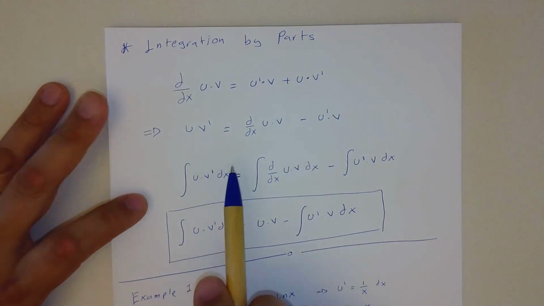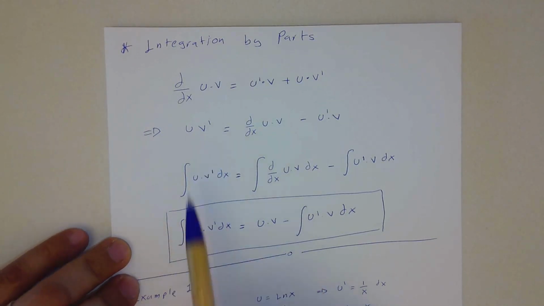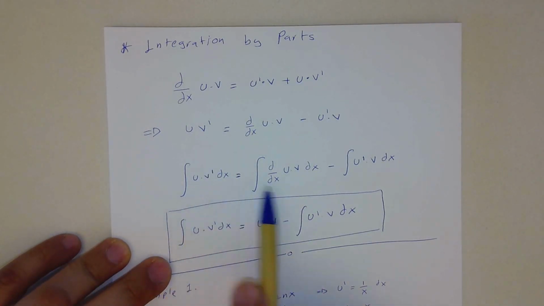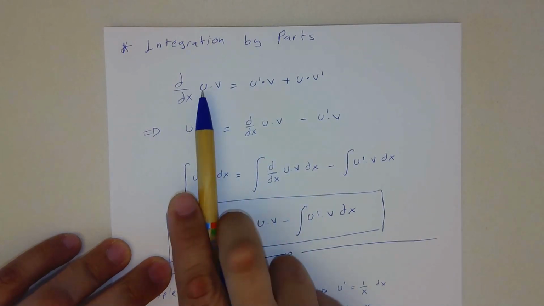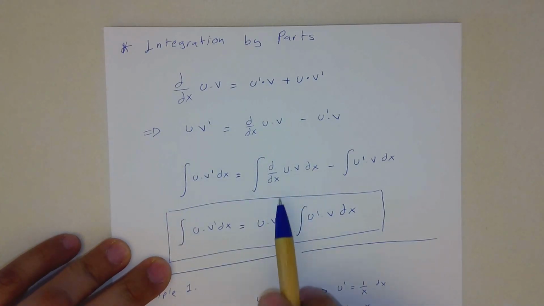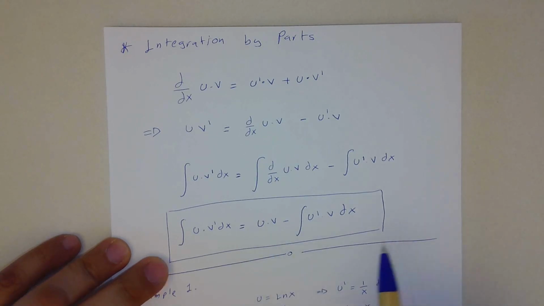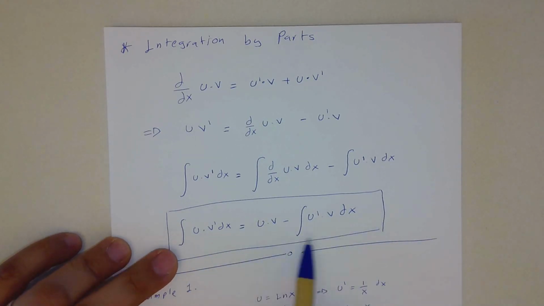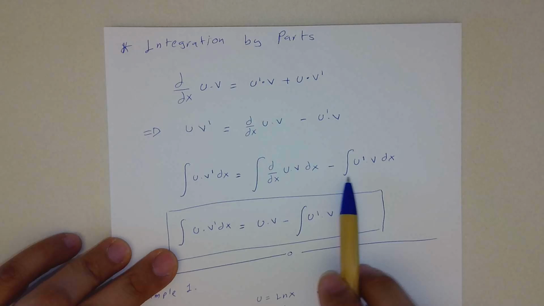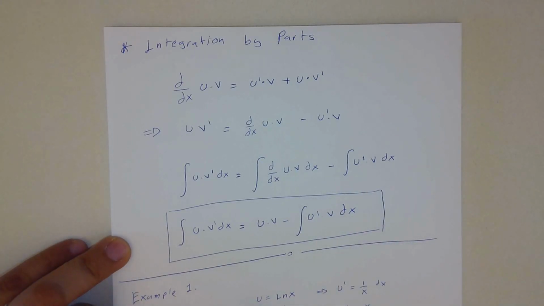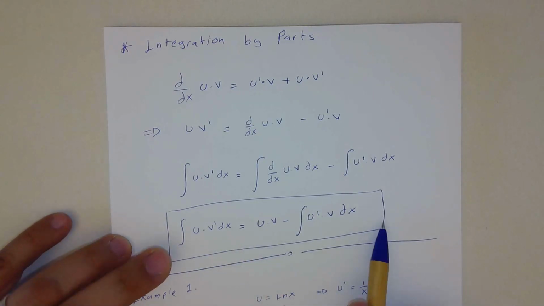If we want to integrate this part alone, this is the derivative of the original function, so by the fundamental theorem of calculus, this will be directly u multiplied by v, right? And we will only have to get the integral of the second part of the equation. So this is the general formula for integration by parts.